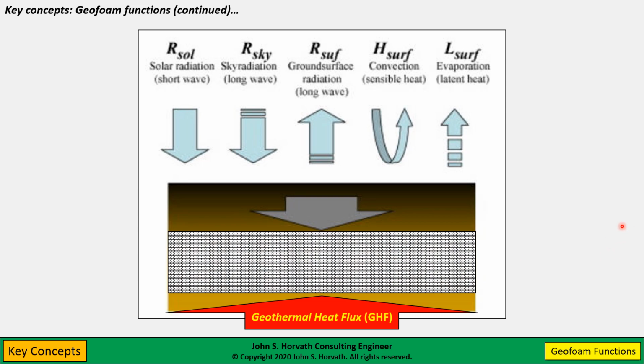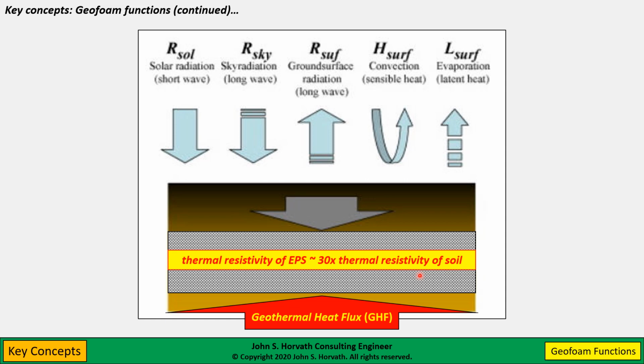Well, the problem is when we now come along and we place EPS block geofoam into the ground, this is going to significantly disturb this balance of these two fluxes. And that's because EPS has a thermal resistivity that is about 30 times that of soil.